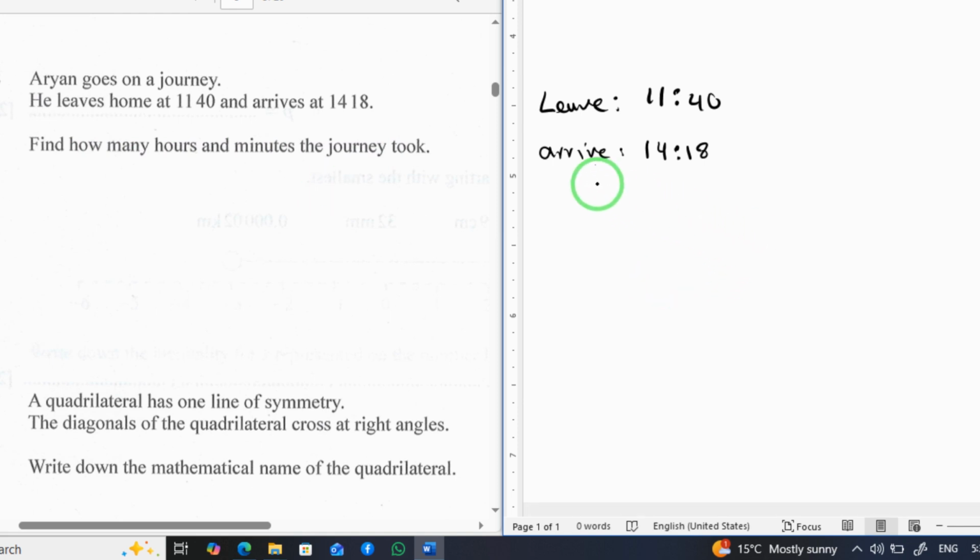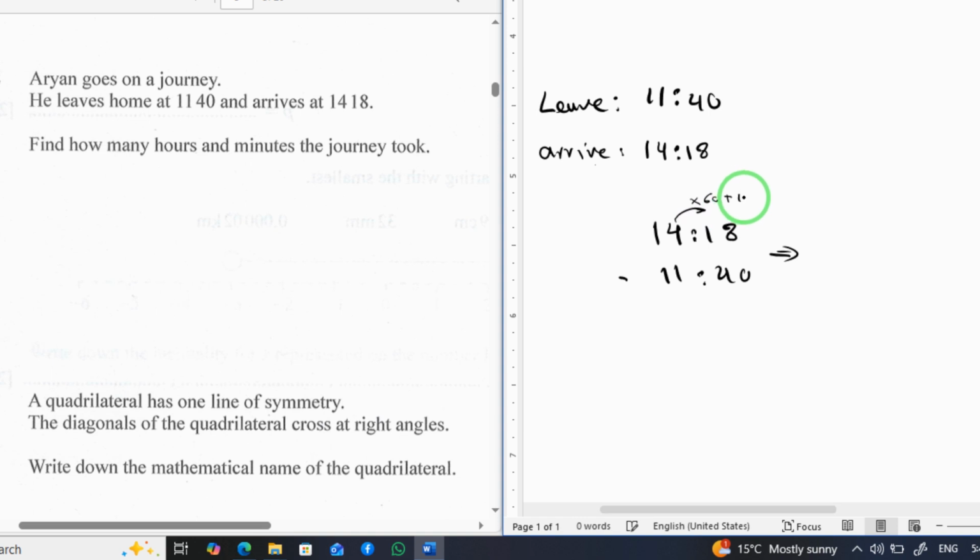We should subtract the leaving time from the arrival time. So here we subtract 11:40 from 14:18. Because the minutes here are smaller, we borrow 1 hour and multiply by 60.